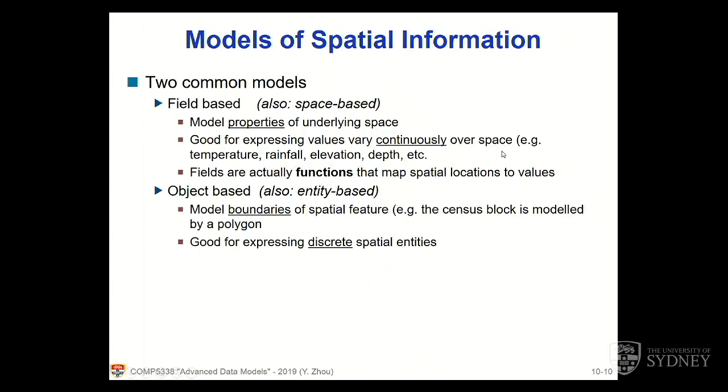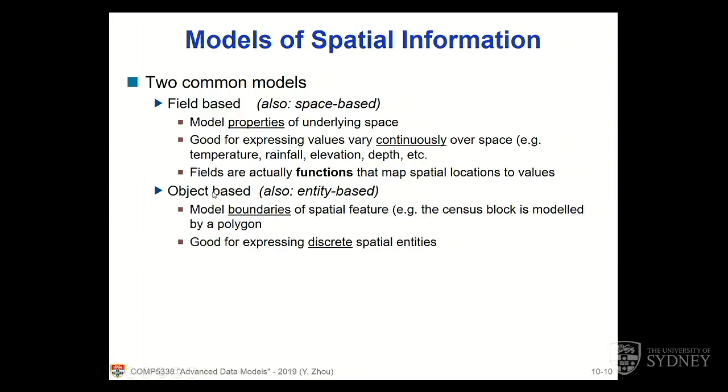Examples are the mountain's elevation, the rainfall in a certain area, the depths of the oceans, or the temperature of an area. You can't really find a clear boundary where the number changes from one value to another. It's always a gradual change. So usually the model is a function that maps spatial locations to values.